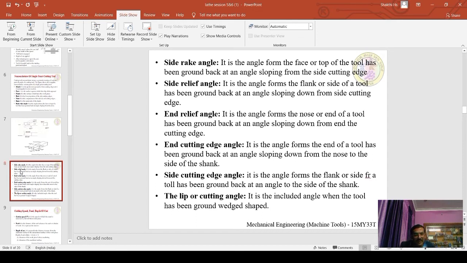These are the different angles mainly maintained or followed to grind the single point cutting tool at various stages and levels. This data is very essential and important for grinding single point cutting tools.